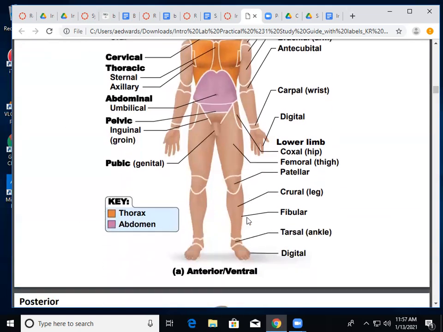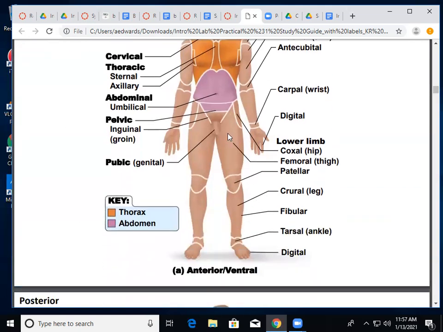In the lower limb region, we've got the coxal region, or hip. There's a bone called the coxae in the hip, so it's the coxal region. It's called the femoral region for the thigh because there's a femur bone there. Patellar, where your patella is, your kneecap. Again, in anatomy, we don't say kneecap, we say patella.